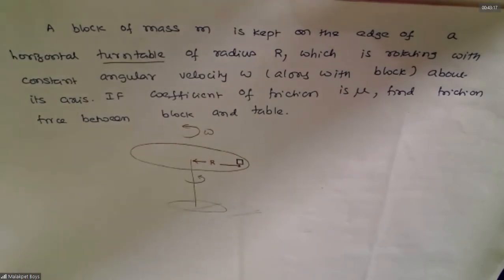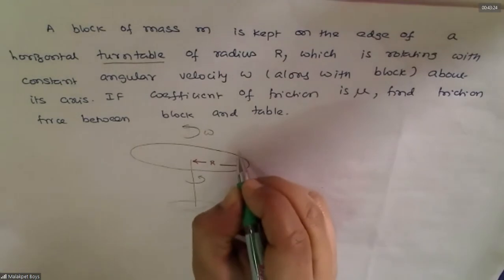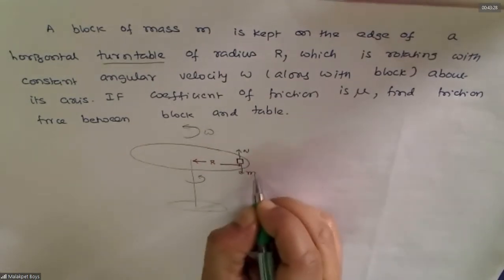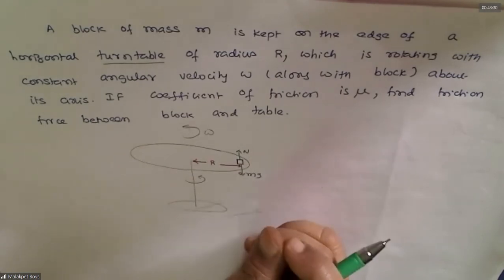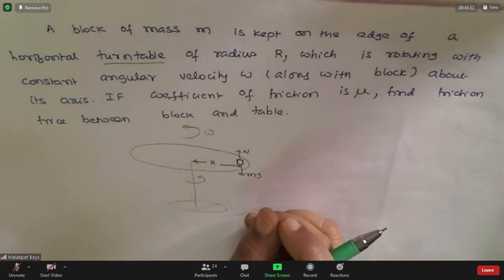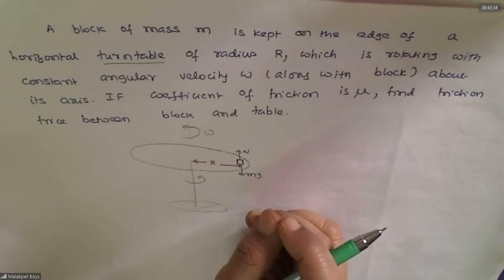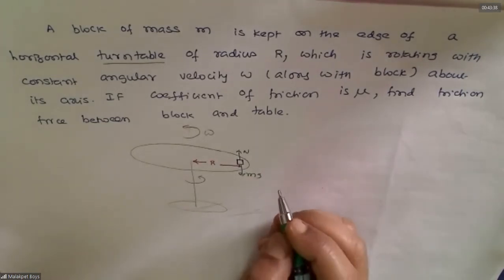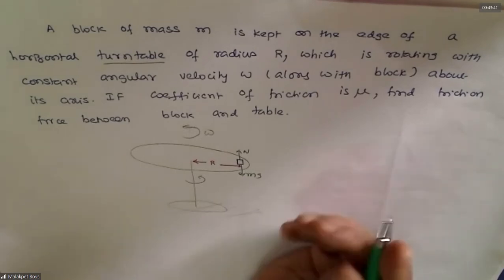It's rotating, which means compulsorily one force should be there. What is that force? Centripetal force. See here, normally the action is like this, mg. There should be some force towards the center, otherwise it cannot move in a circular path. Now can you tell what is the possibility, who provides that? There is no tension. Any other thing is there?